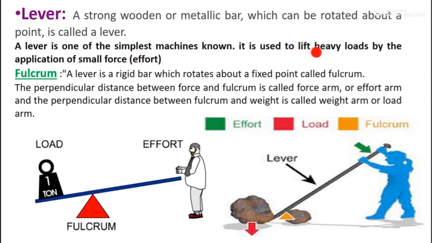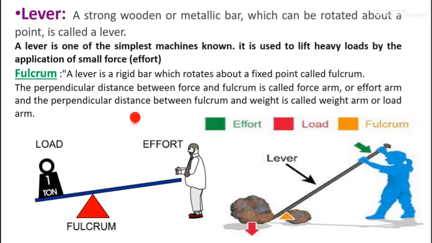It is used to lift heavy loads by the application of a small force, the effort. In this picture, with a small force, a heavy load is easily lifted. What is the fulcrum? The fixed point about which the rigid bar rotates is called the fulcrum. This part is called the fulcrum.